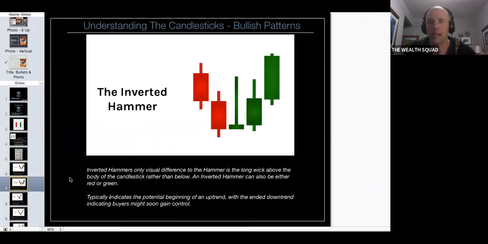It can be bullish or bearish. Green is bullish, red is bearish. So this typically indicates the potential beginning of an uptrend, right? With the ended downtrend indicating that the buyers are probably going to gain control at some point, right? So anytime that you see this on the base, this is going to be a bullish formation to the upside.